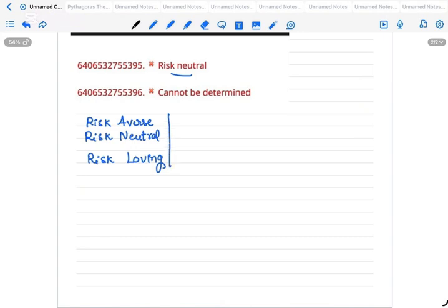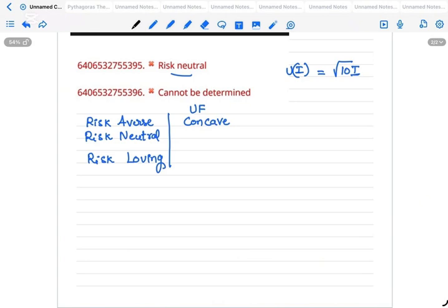Given the utility function U, for risk-averse the utility function is concave. In this question the utility function is the square root of 10I. So is this concave, convex or linear? Concave if it is risk-averse.